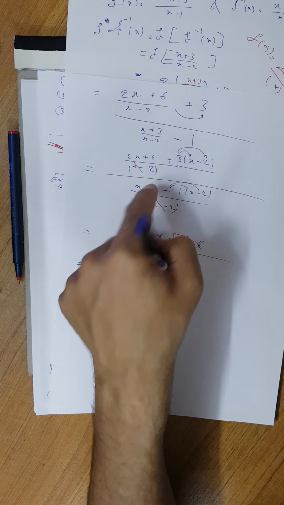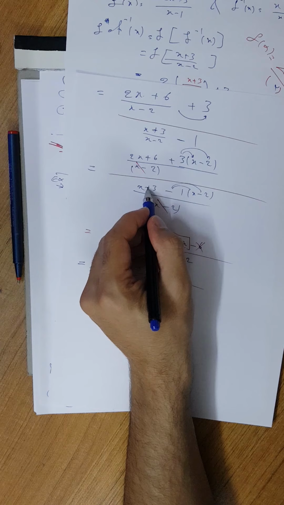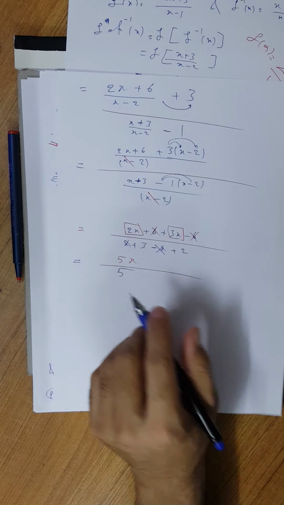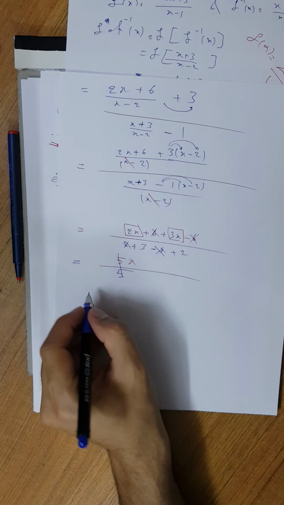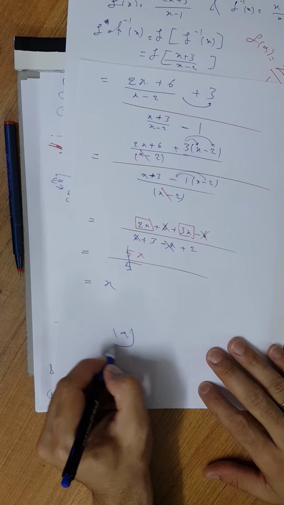Yes, sorry, we have a plus here, not minus. So I get 5x, and I got x on page 19. That's all.